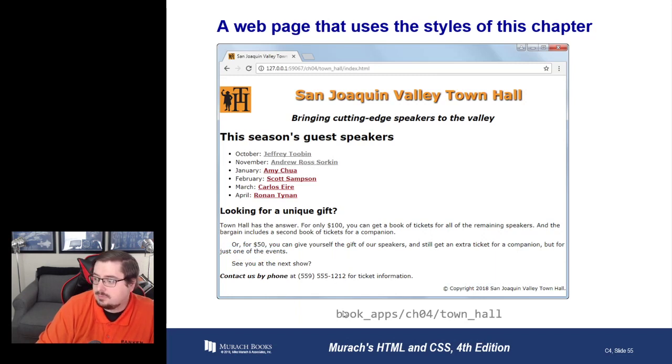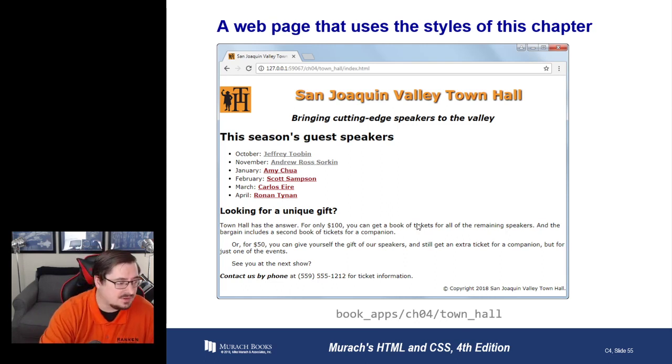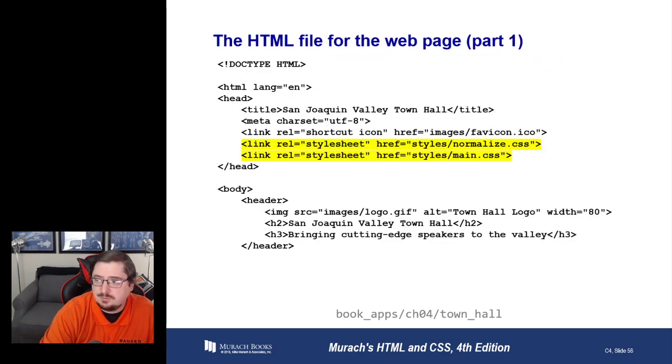So if you go through Book Apps, the Town Hall example, you'll find some examples of how to do these things. I'll let you really explore that example on your own time, using all the stuff we've talked about in this chapter. If you're looking at it, you'll see that it's got some CSS applied.